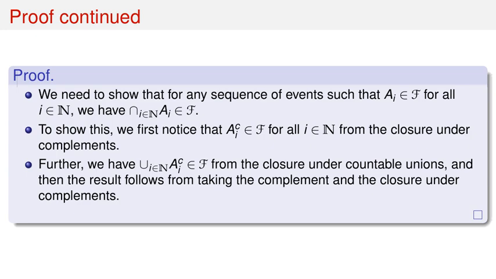Then by closure under countable unions, the union over i in N of A_i superscript C is in script F. Finally, the result follows by taking the complement of this union, which by De Morgan's laws is the intersection of the A_i's, and using the closure under complements property again. So the intersection is indeed in script F.